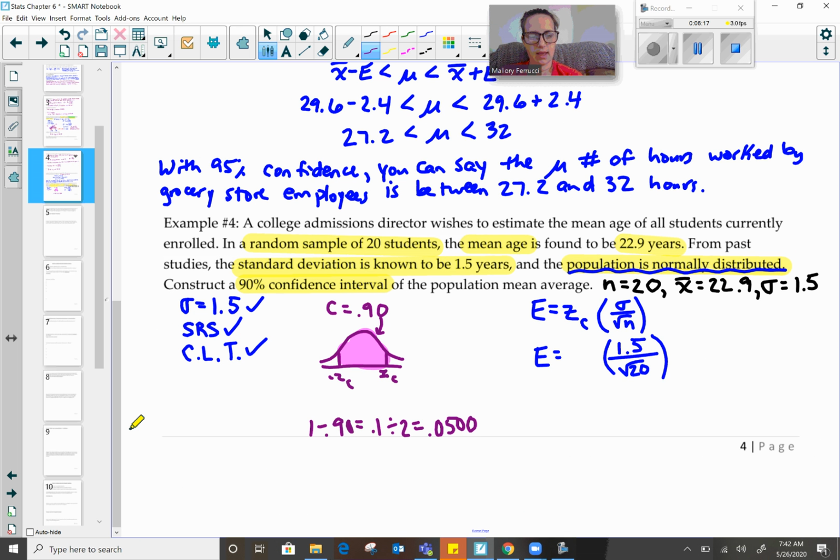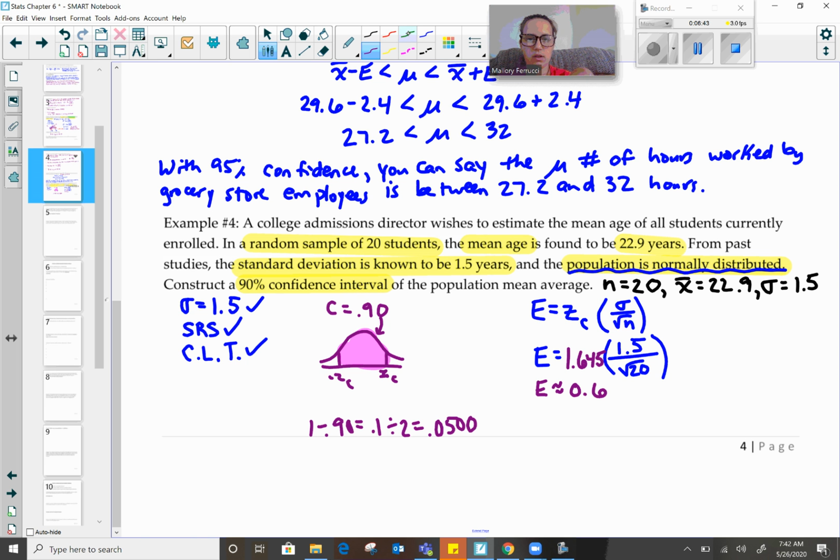So I got 1.645. Okay, and we plug that into our calculator, and I got that E is approximately 0.6.